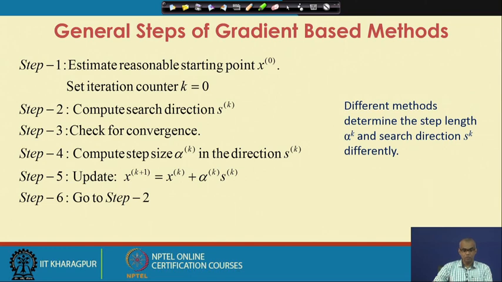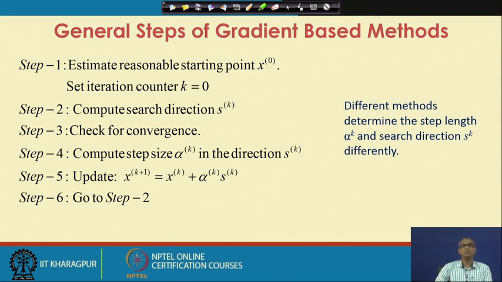In step 4, we compute step size alpha in the direction S. Once I have the step size in the direction S, I can update x as x k plus 1 equal to x k plus alpha k s k.